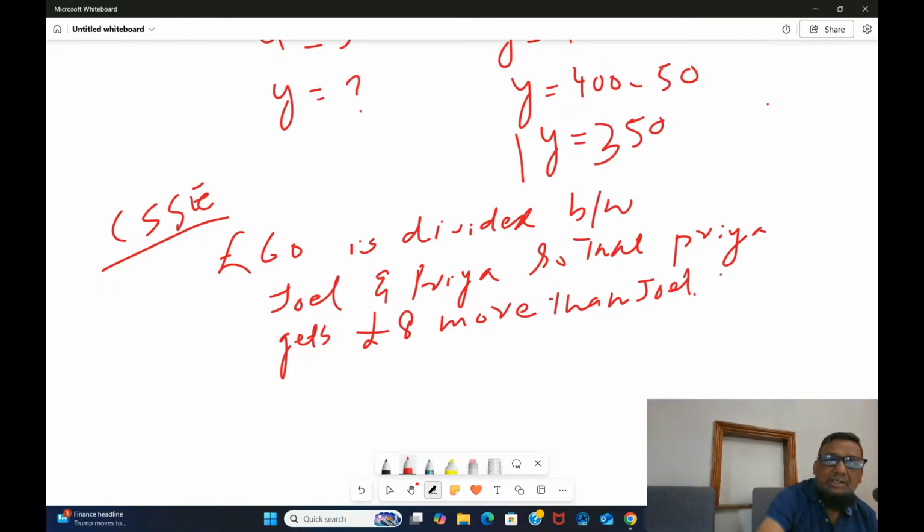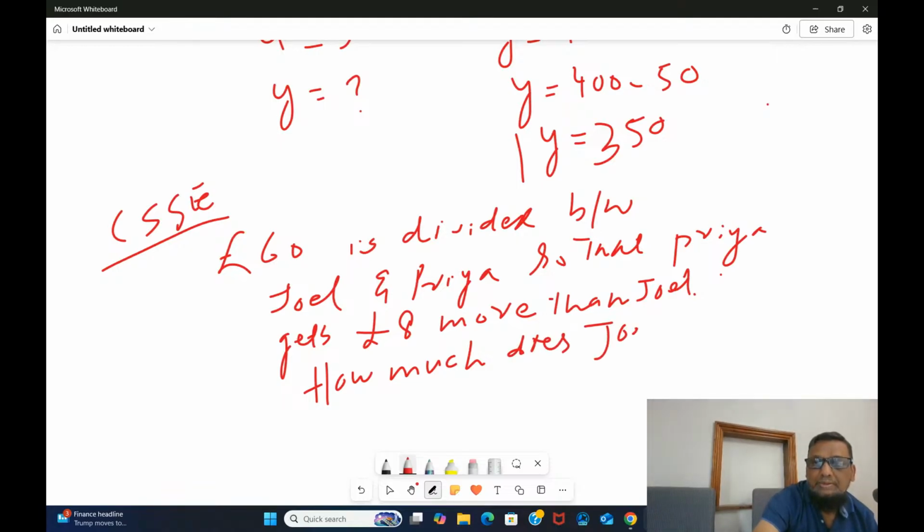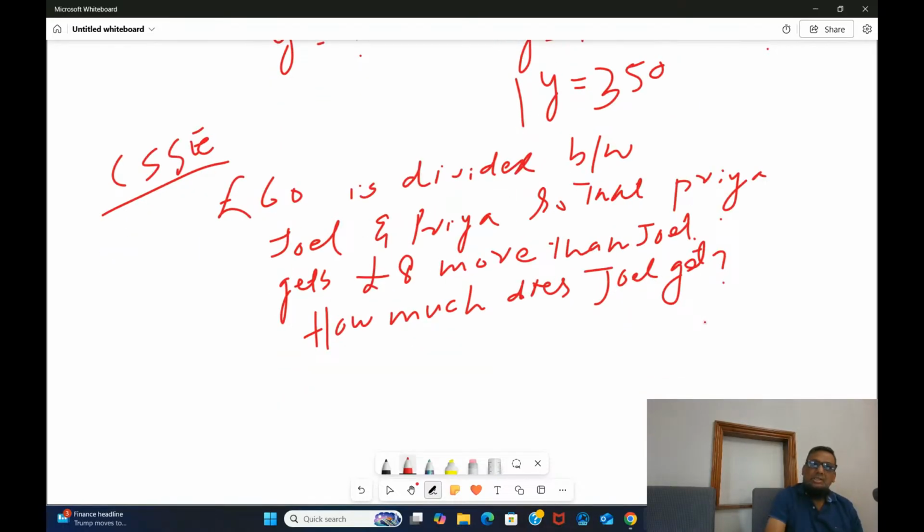And the examiner is asking, how much does Joel get? So 60 pounds divided between Joel and Priya, so that Priya gets 8 pounds more than Joel. How much does Joel get?